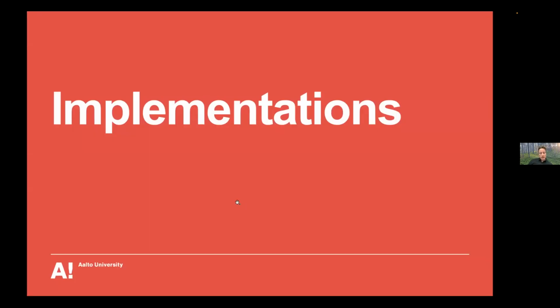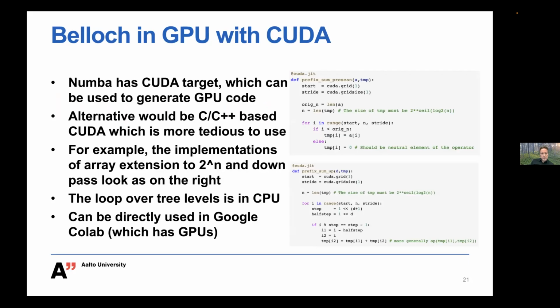Implementations. So if you actually want to use them, one way to do this is to program GPUs with the CUDA framework from NVIDIA, or the OpenCL framework for more generic GPUs. And especially for Numba, which is a Python compiler, there is also a target so that you can compile the Python code to CUDA code.